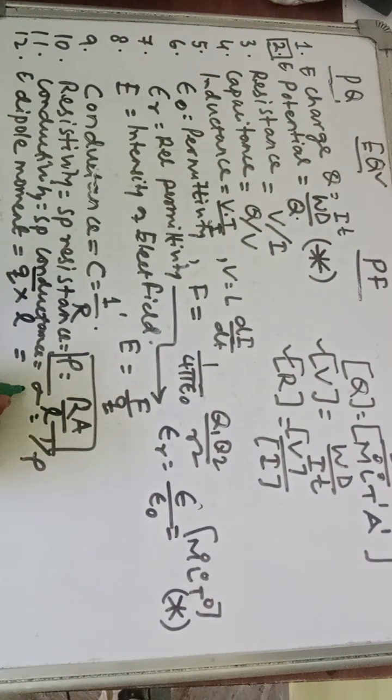Conductivity, sigma, is equal to 1 by resistivity; conductivity is specific conductance, where resistivity rho is specific resistance. The conductivity is the inverse of resistivity. Electric dipole moment is charge into length.